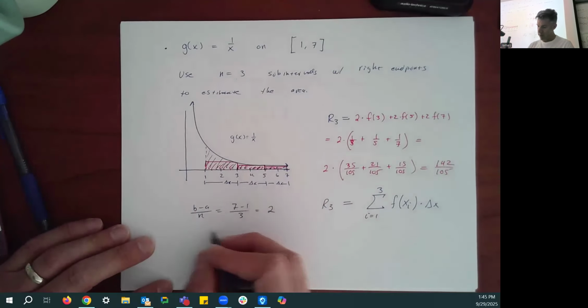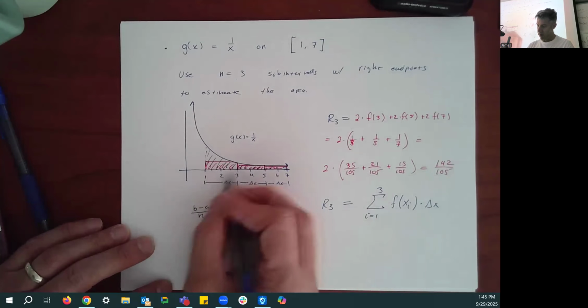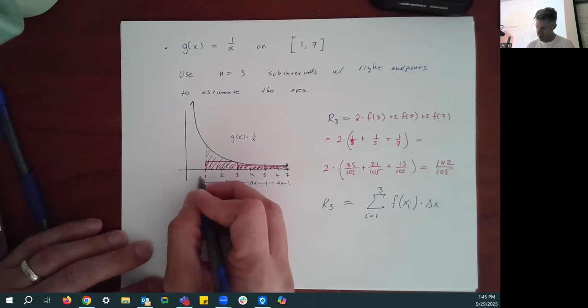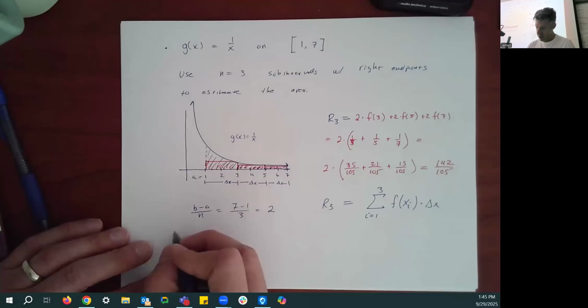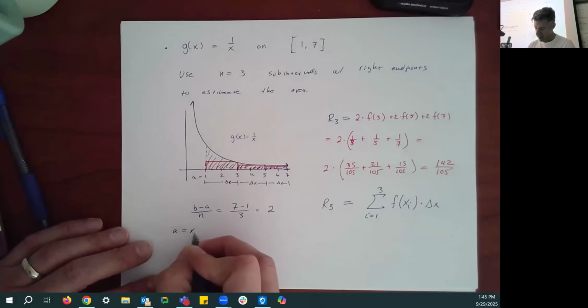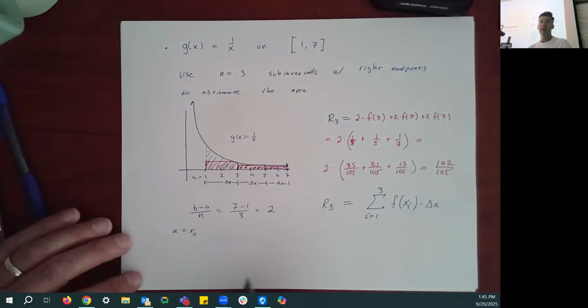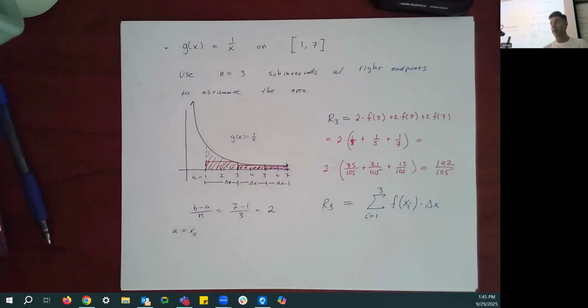Usually when we talk about our endpoints, your left endpoint A is your x sub 0. It's your initial starting place. Then each next right endpoint is the next subinterval.